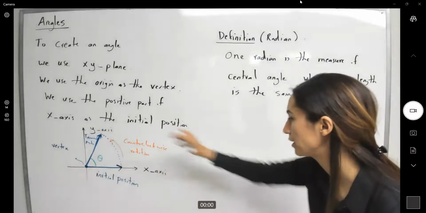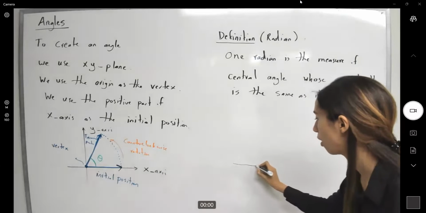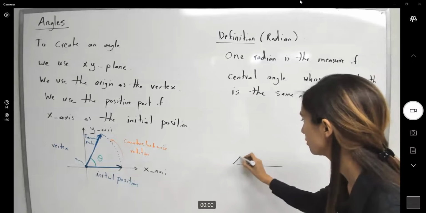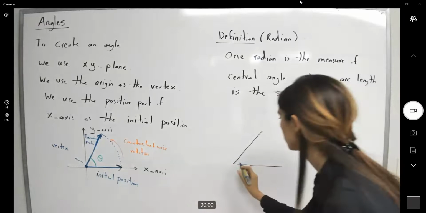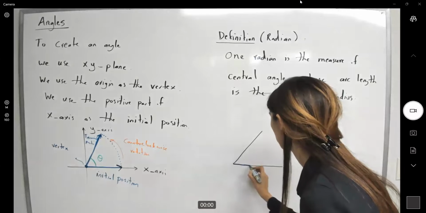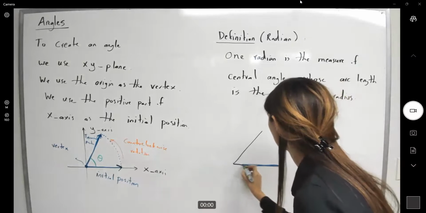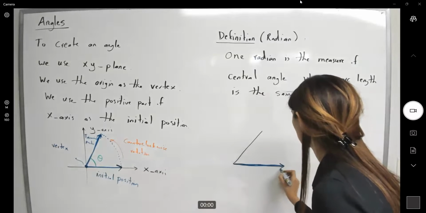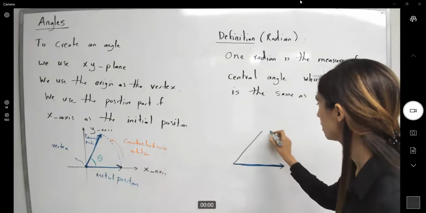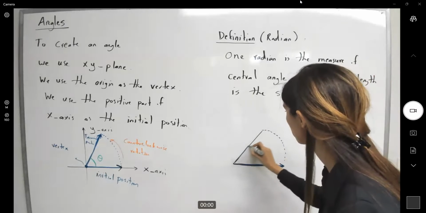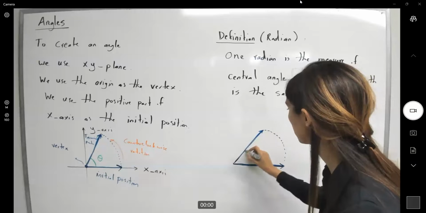If I just take this piece of pie and just graph it exactly here. This is my initial position. This is my arrow in its initial position. And I move this counterclockwise, and this is my terminal position.